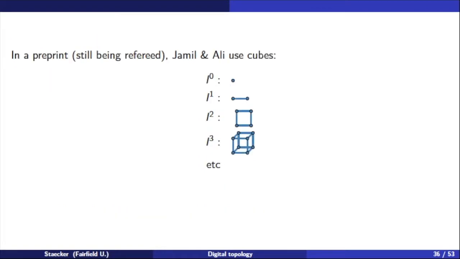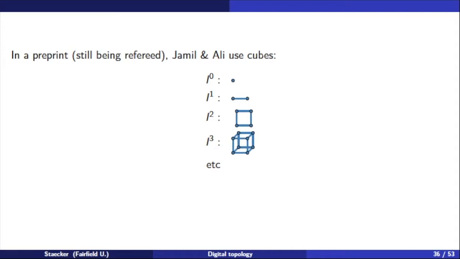By Jamil and Ali, not this Jamil. These are 2 people in Pakistan, in Karachi. Samira Jamil is a woman, I think, and Danish Ali. Anyway, they use cubes instead of triangles.